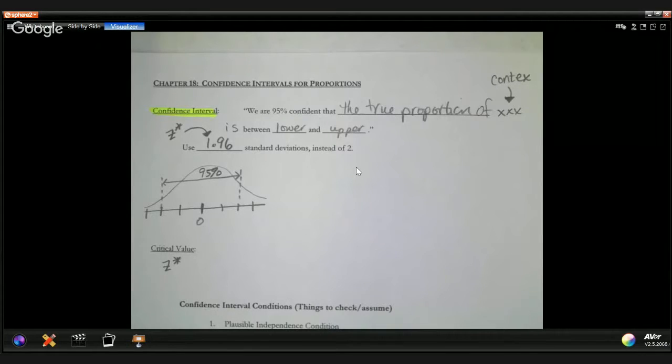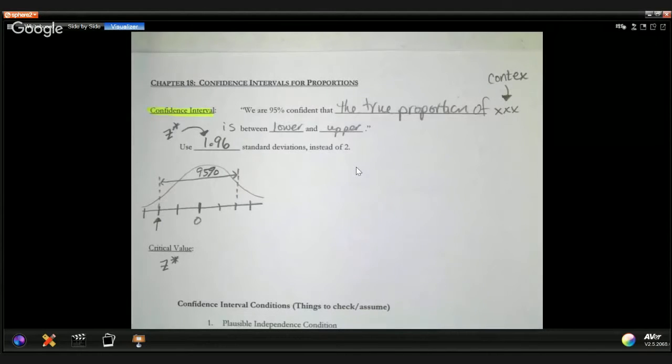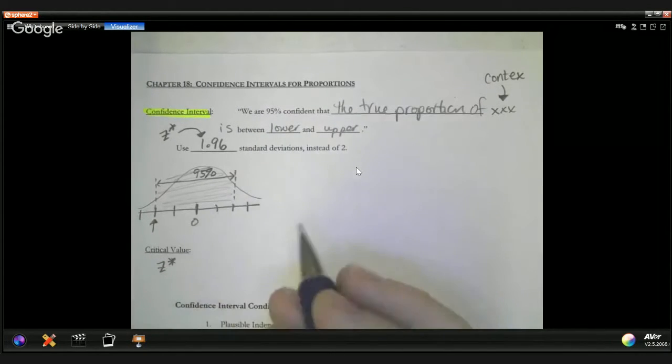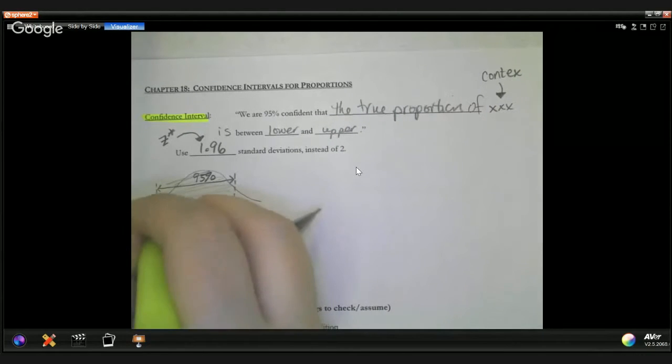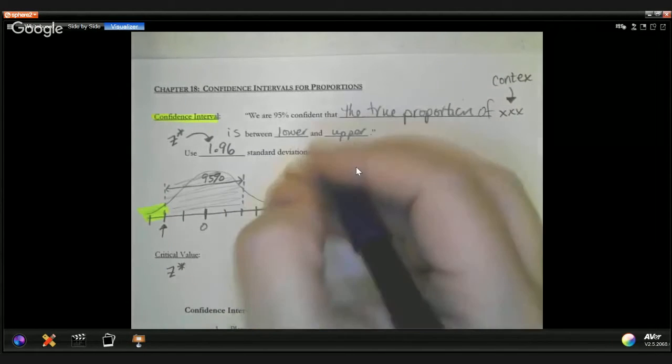Now, it's nice to understand how to find this, so that if you don't have the number, you can. I need to find out what this place is right here. And so the way you do this, I know that my middle percent here is 95%. Well, I know that my whole curve is 100%.